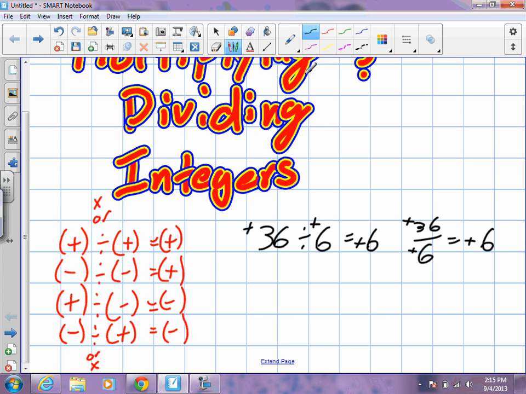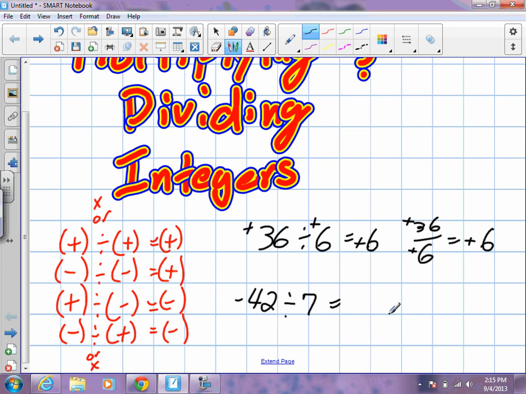Let's do another one here. Let's say 42 divided by, what's a good value? 7? Okay. We have negative 42 divided by 7. Now, what am I working with?